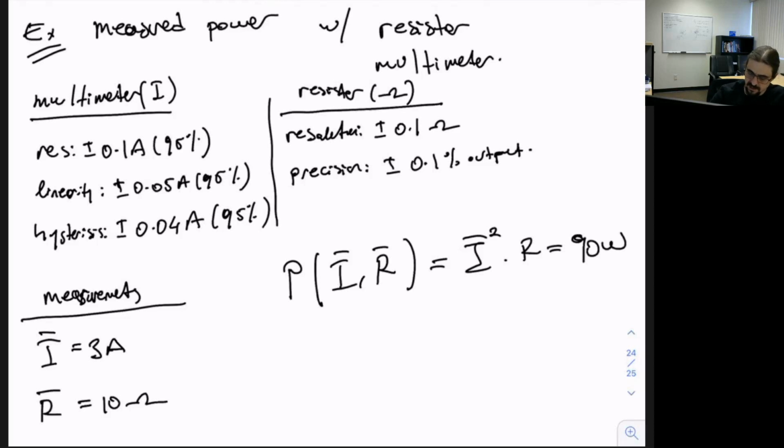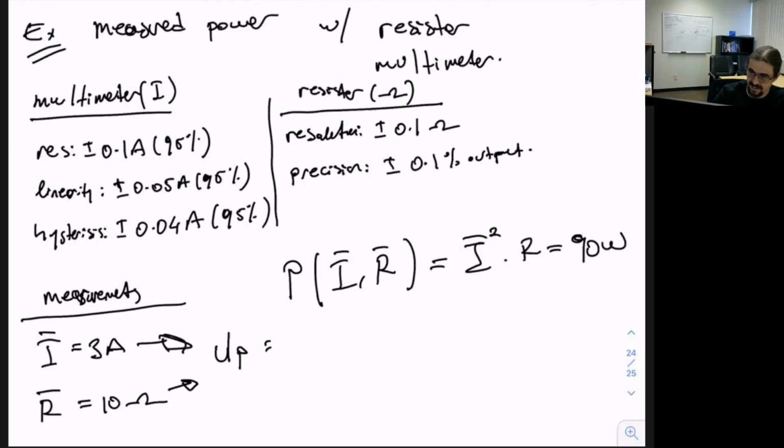And the question is, what is UP, the uncertainty in that power that is propagated from the measurements of current and resistance?